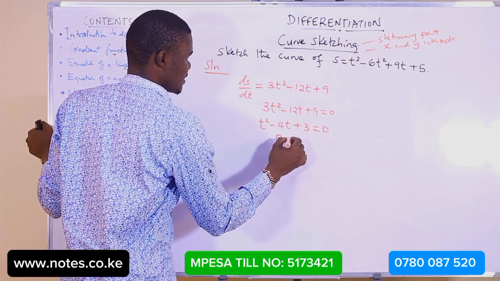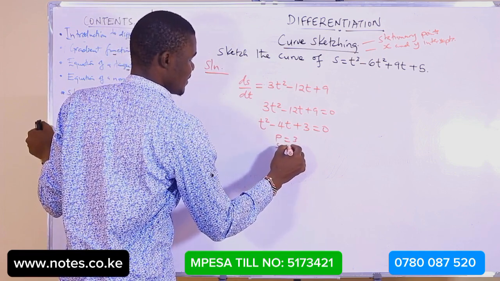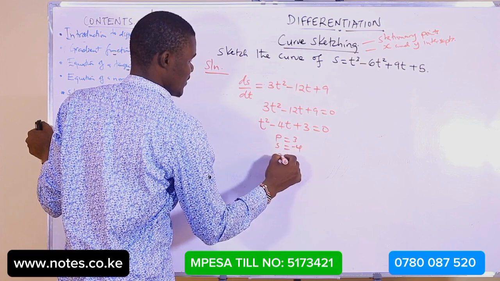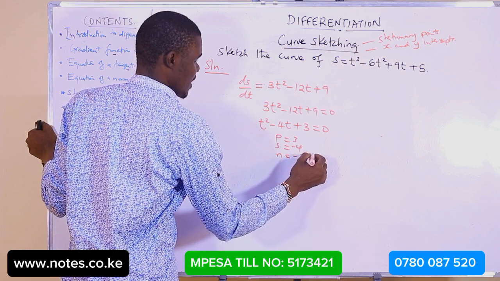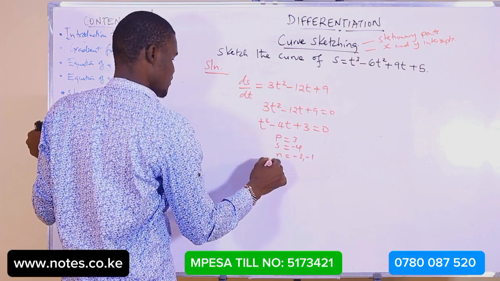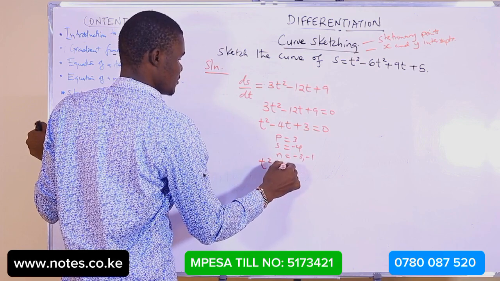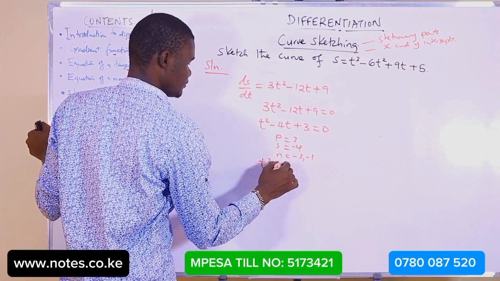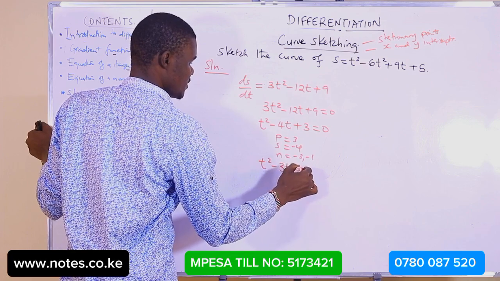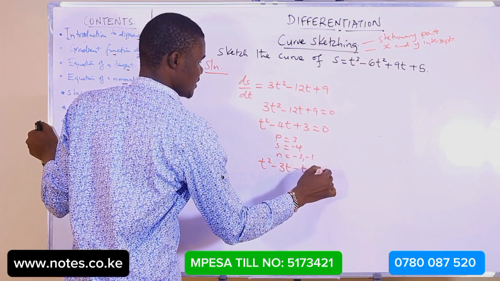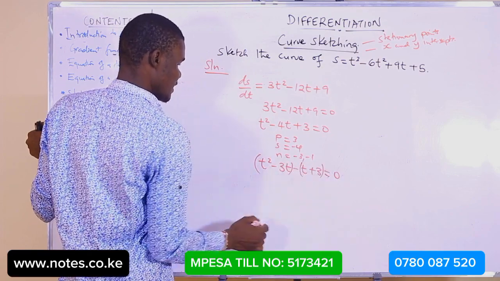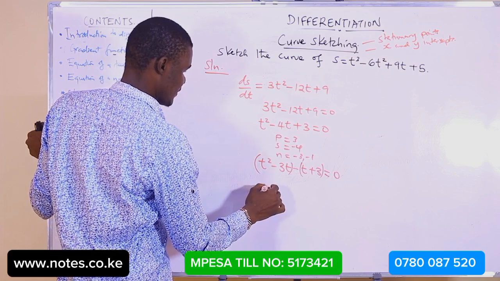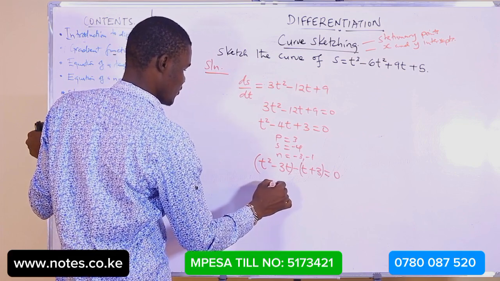So our product here is going to be 3. Our sum is going to be -4. Our numbers will be -3, -1. So we're going to say t squared minus 4 minus 3t minus t plus 3 is equals to 0. So we're going to factorize. If you don't understand this, I'll give you a link for quadratics so that you can follow through.